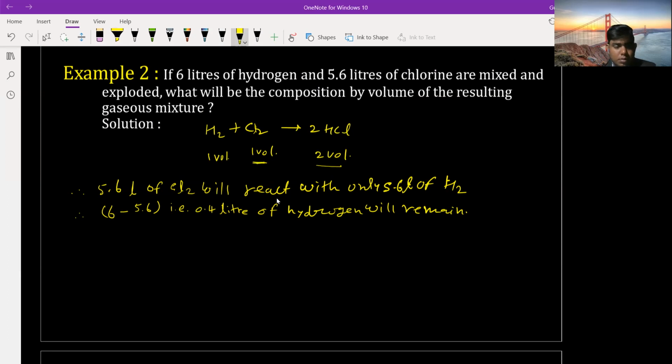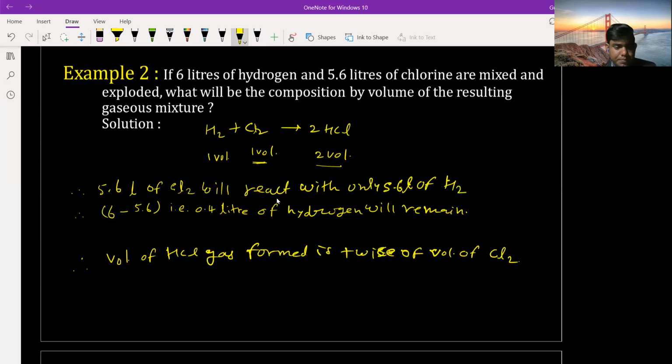So volume of HCl gas formed is twice of volume of chlorine, okay.